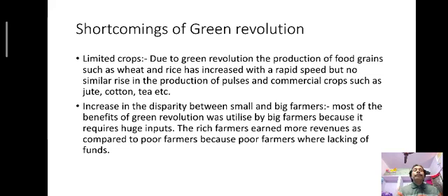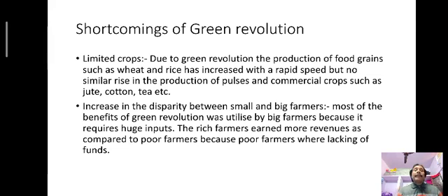Now come to the increase in the disparity between the small and big farmers. As we know, in the village there are four kinds of farmers: landless, average, marginal, landlords. Is it clear? So these farmers are divided into two groups. One is small and the other is big.